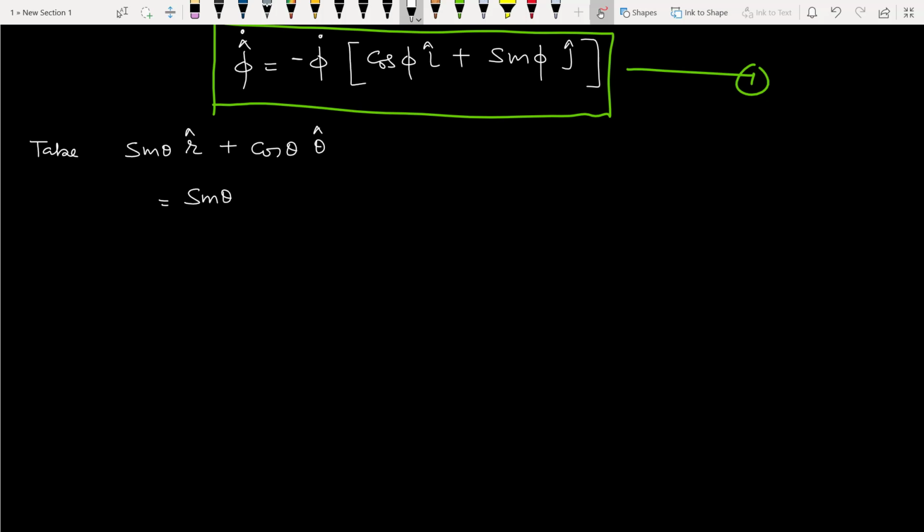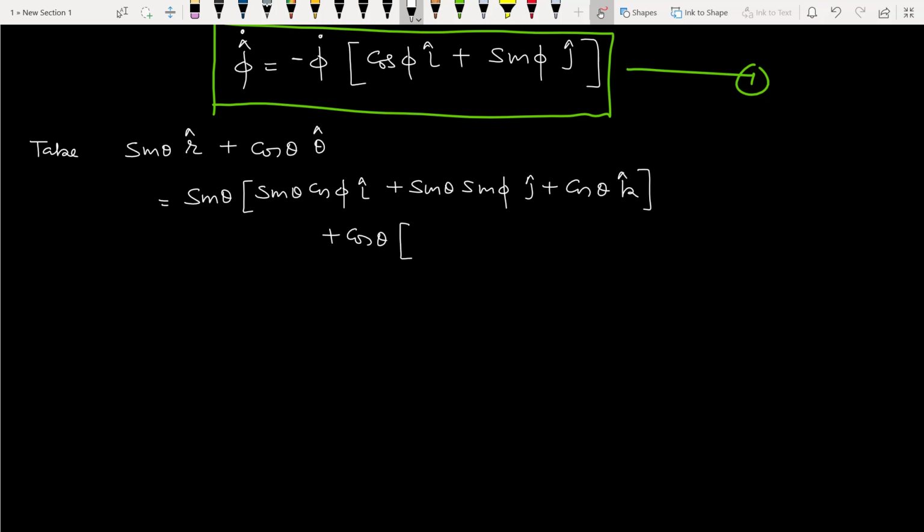The value of r cap is sin theta cos phi i cap plus sin theta sin phi j cap plus cos theta k cap, plus cos theta.